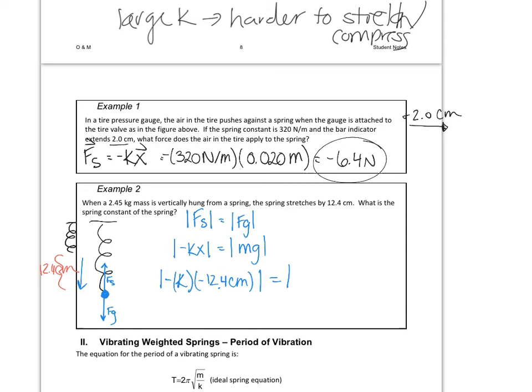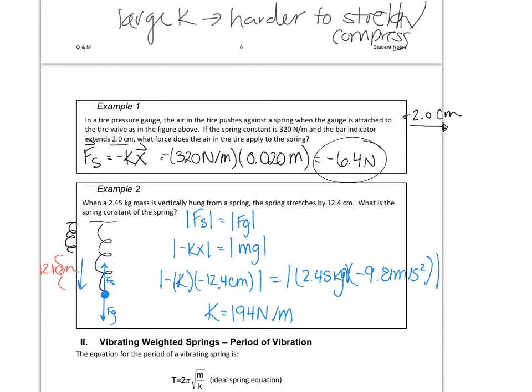This is equal to the absolute value of the mass, so 2.45 kilograms times gravity, negative 9.81 meters per second squared. All right, when I solve this, the absolute values just mean forget about the negatives. Everything has a positive value. K is equal to 194 newtons per meter.